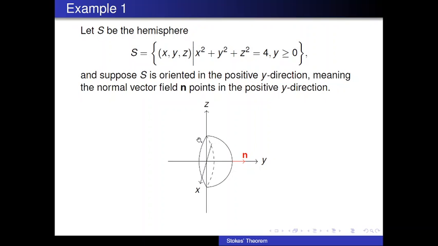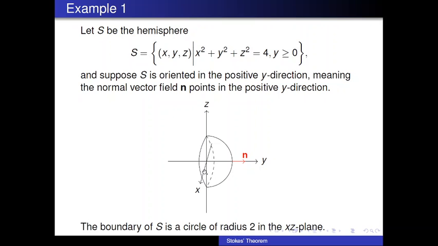So notice that the boundary curve here is a circle of radius 2 centered at the origin and sitting entirely in the xz plane, right? So the y coordinates are all 0 for the points along that boundary circle there.